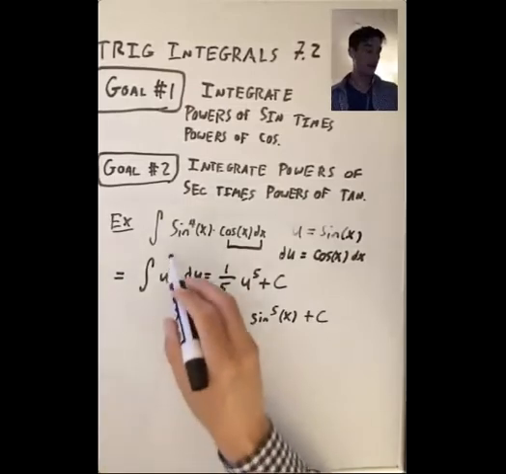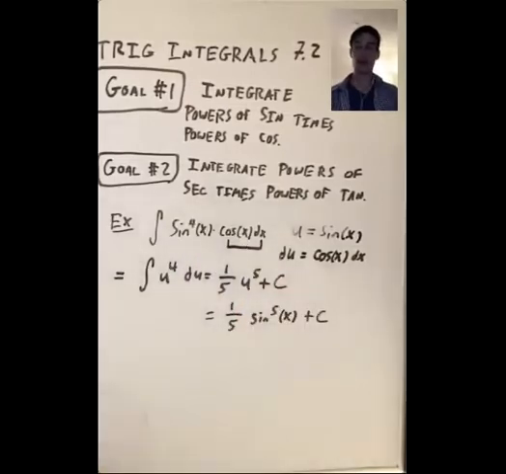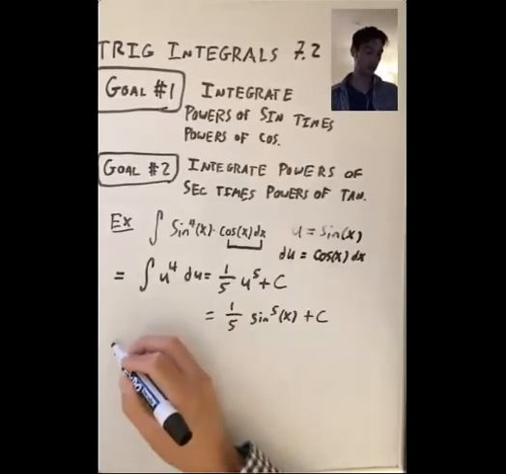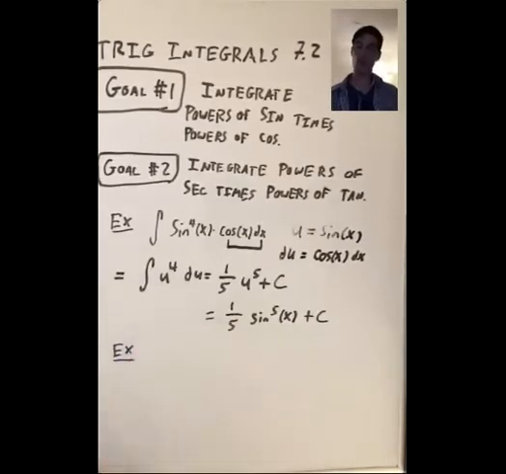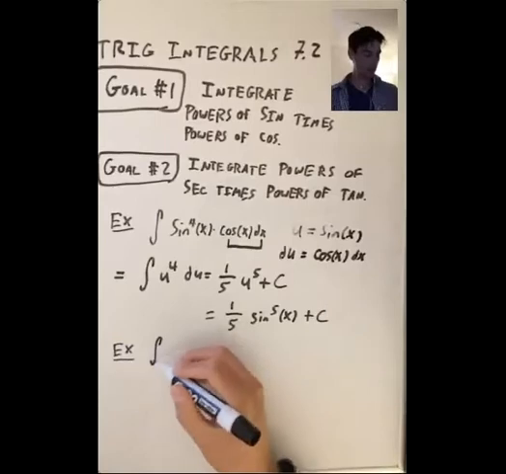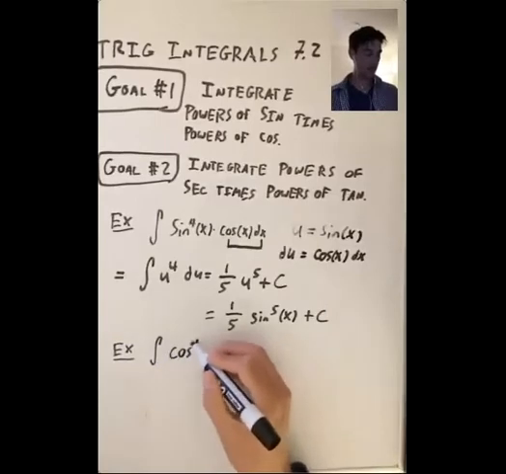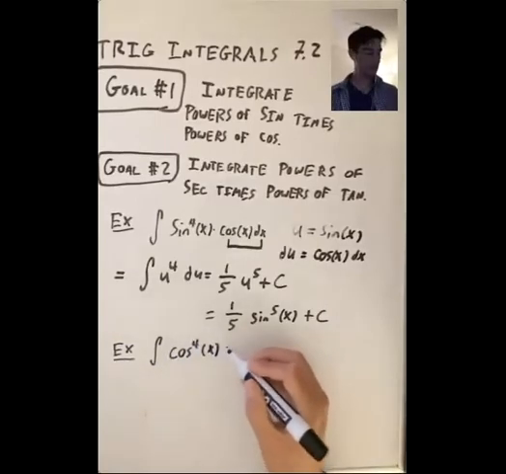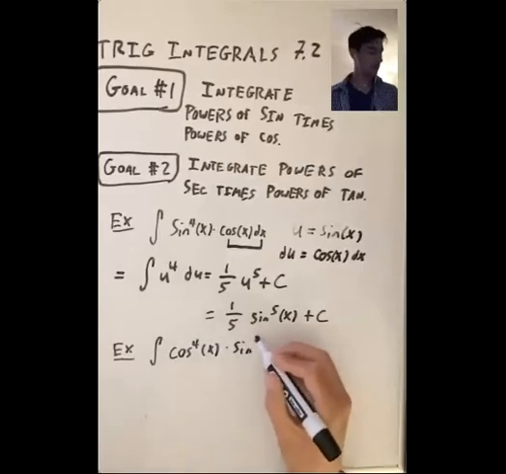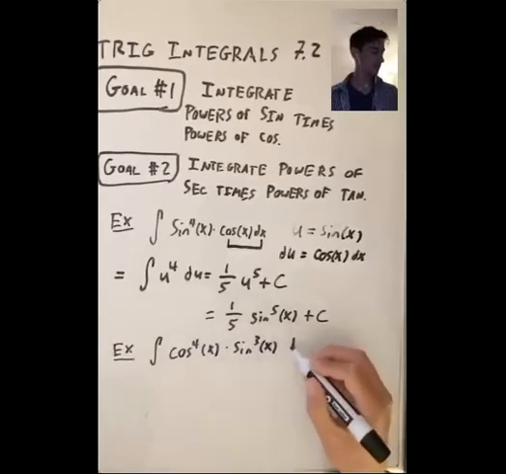Okay, this integral wasn't so bad because it's in a form where u substitution works really well. So let's do one more example. Let's take the integral of cosine to the fourth x times sine cubed x dx.